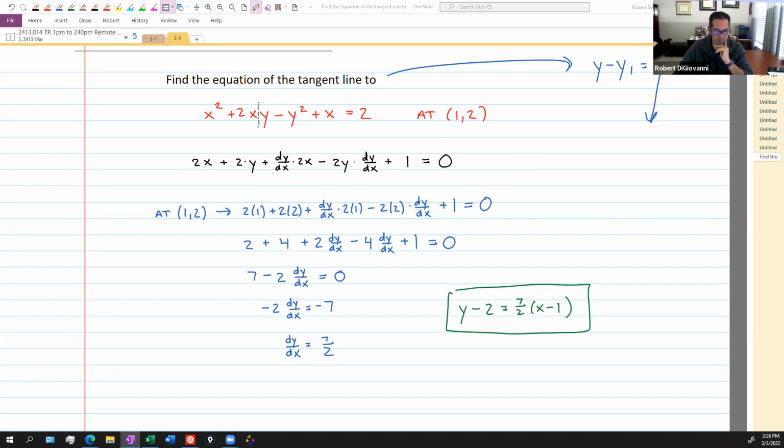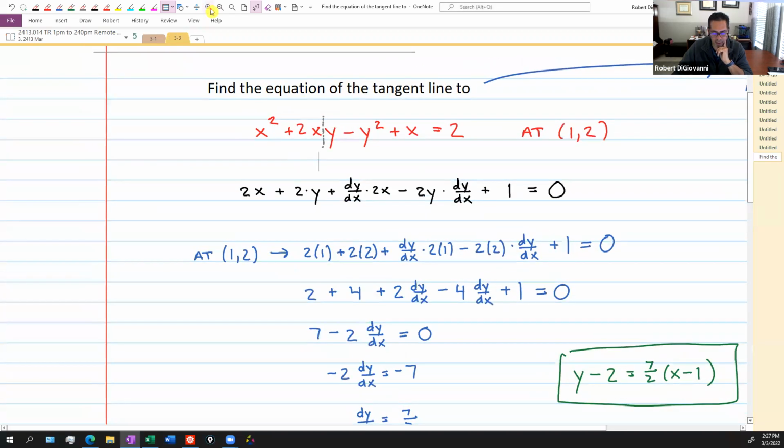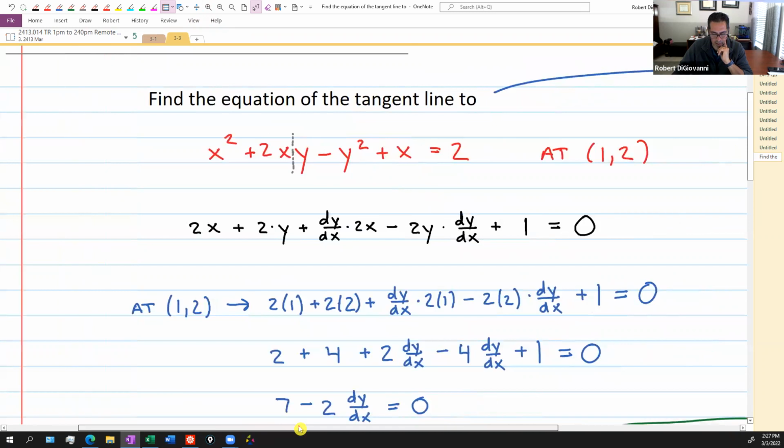So I want to make sure that we understand at least the derivative of this. On this derivative, I didn't show a lot of my work. I just did it in my head.